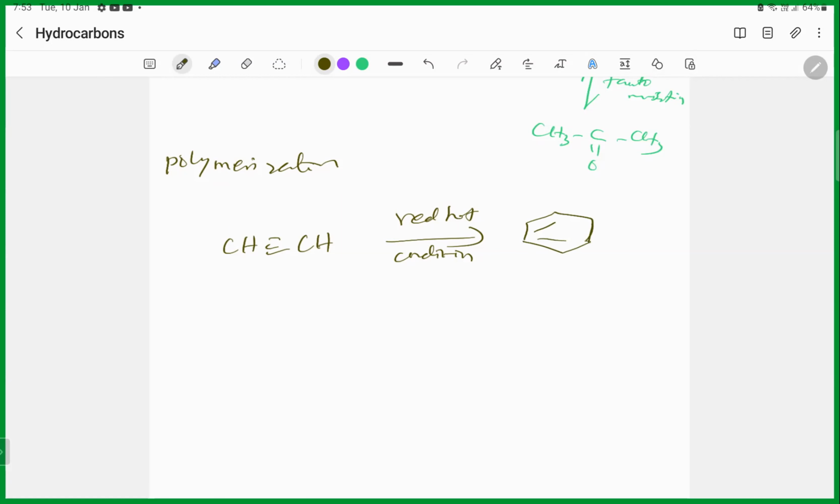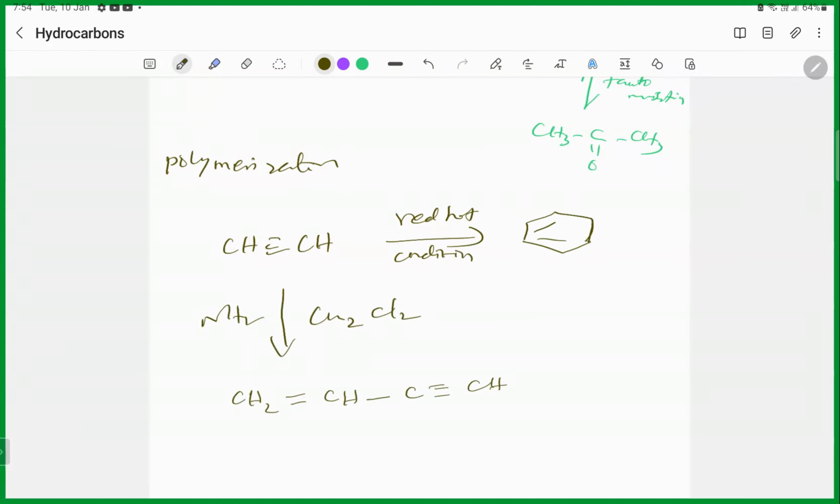Same way, it also undergoes linear polymerization when you are using cuprous chloride and ammonium chloride. It will give CH2 double bond CH single bond C triple bond CH, vinyl acetylene.